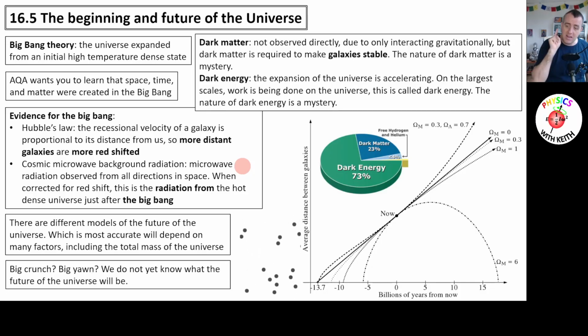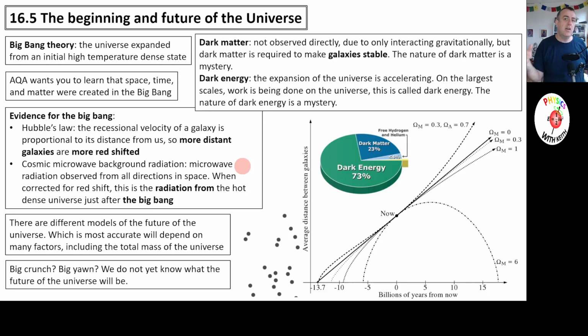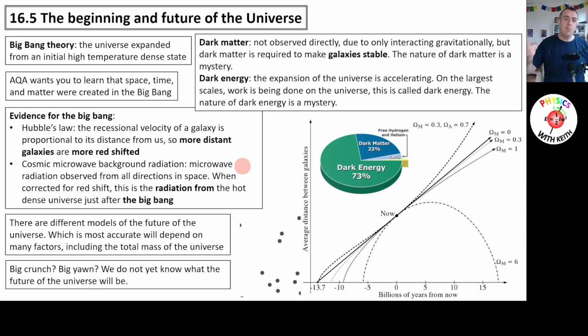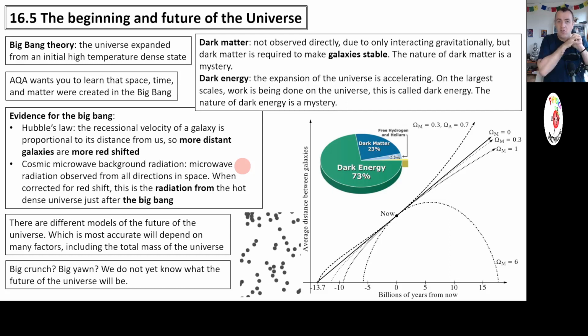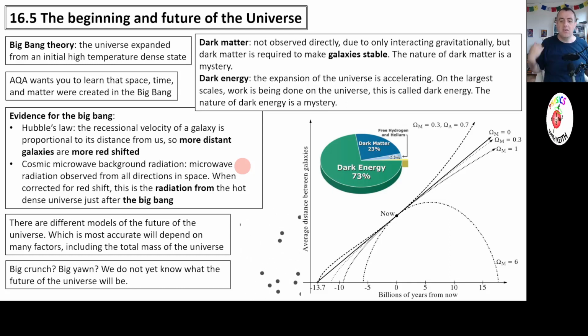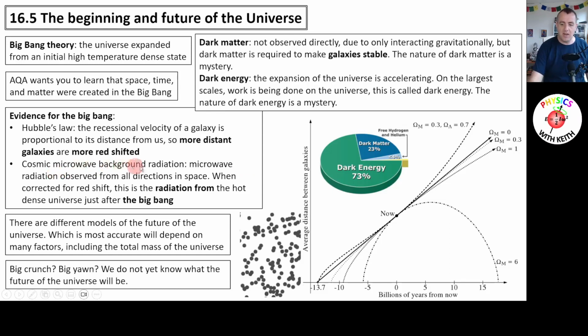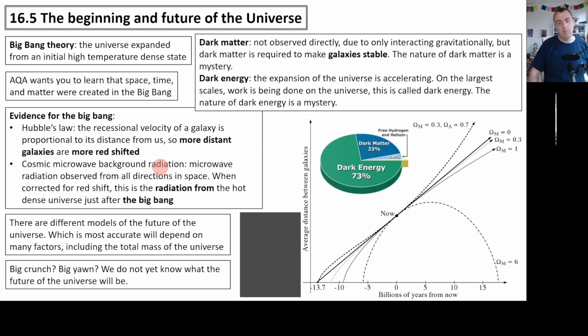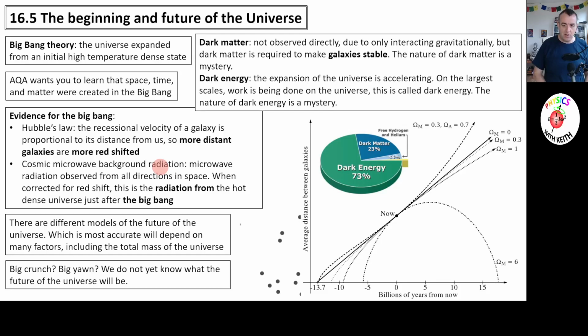Because if we had a steady state universe, where as the universe expanded, new universe was created in the middle, then the density would always be constant, and we wouldn't have the stretched out radiation emitted by the early universe when it was so hot and so dense. So the fact that we see the CMBR is another important piece of evidence for the Big Bang Theory.